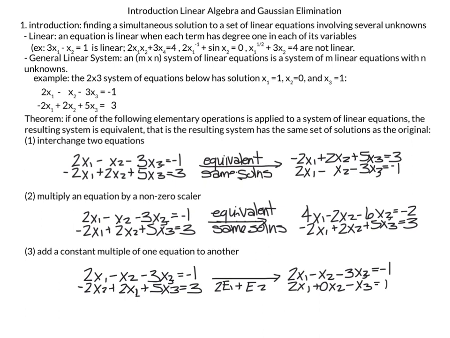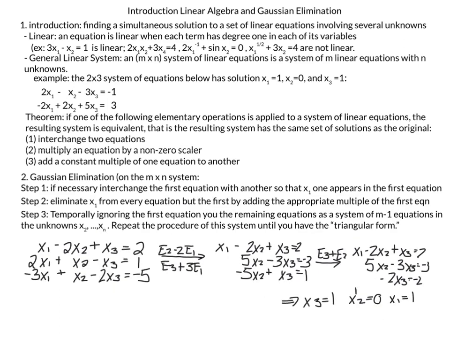Multiplying by 2 again, minus 2x2 plus 2x2 will give me 0x2. Here I'm multiplying by 2, I get my minus 6x3 plus 5x3 gives me an x3, and then finally multiplying by 2, minus 2 plus 3 will give me 1. And from middle school algebra, you know that this system of equations will have the same solution as this system of equations.